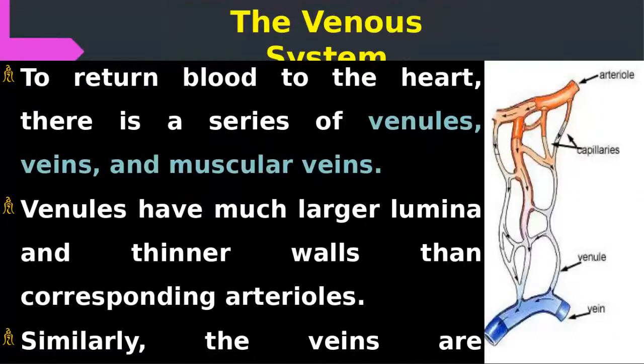Now your venous system. We are done with the arterial system and the capillary system. Now we have come to the venules or veins. The venous system returns blood to the heart through a series of venules, veins, and muscular veins.